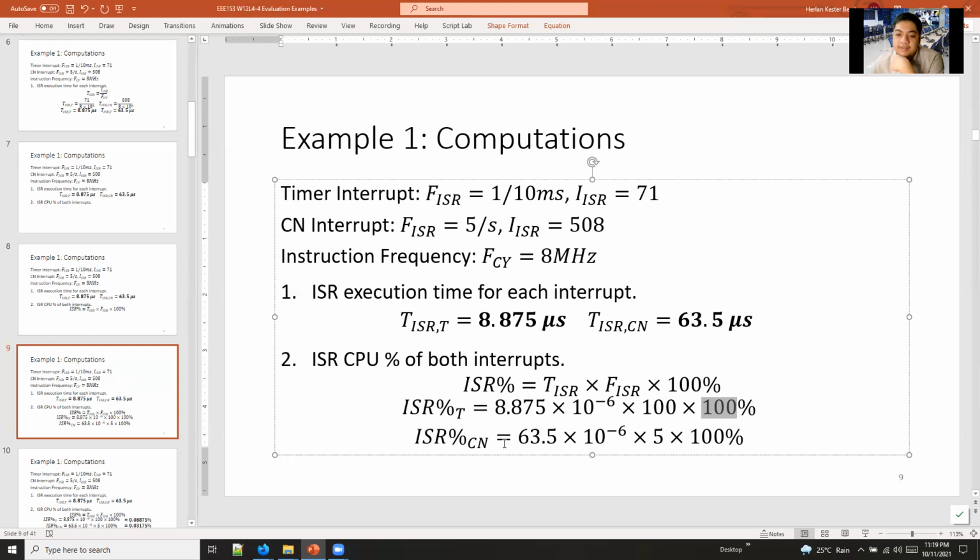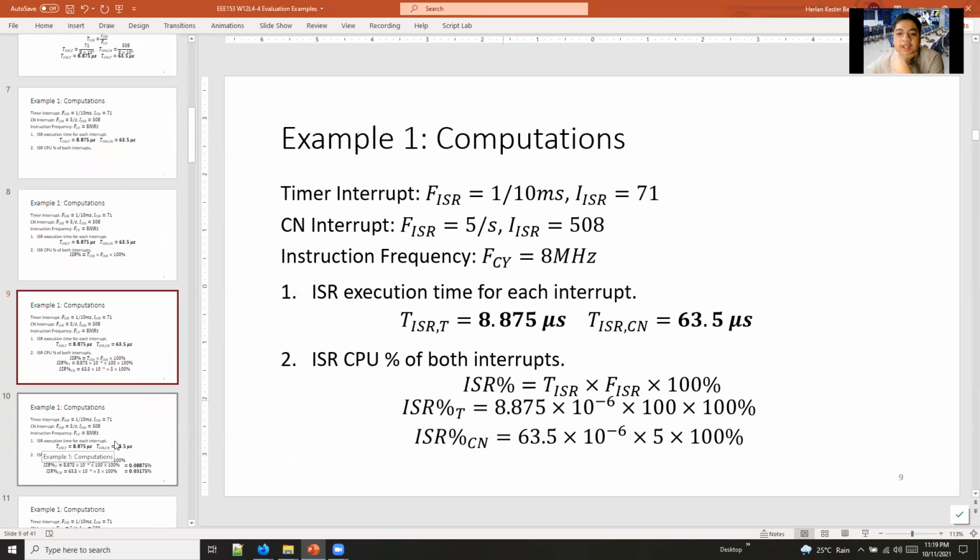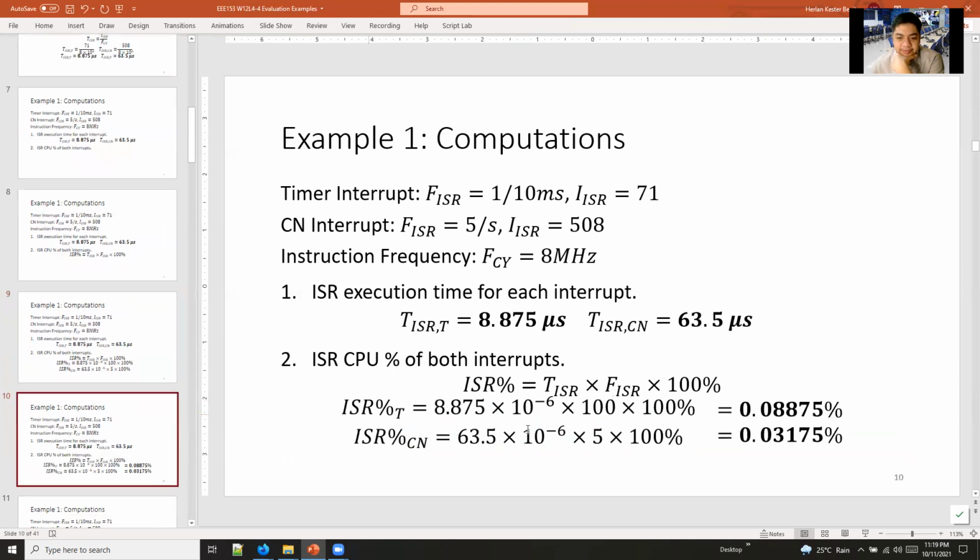And then si change notice naman, 63.5 microseconds times 5 per second times 100%. So computing this, ayon si timer ISR percentage is nasa 0.08875%. And then si change notice naman is nasa 0.03175%.